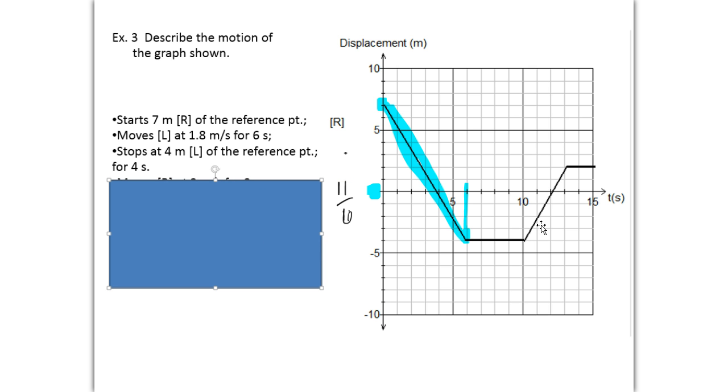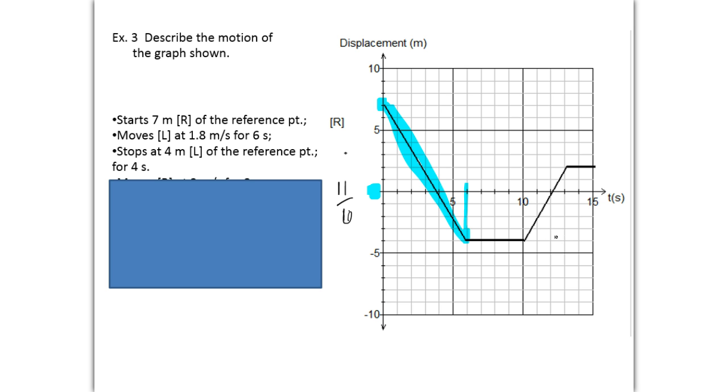After that, the object then moves back to the right, and it moves to the right for 1, 2, 3 seconds, and its velocity again, or slope of the line, you want to look at your rise over your run.